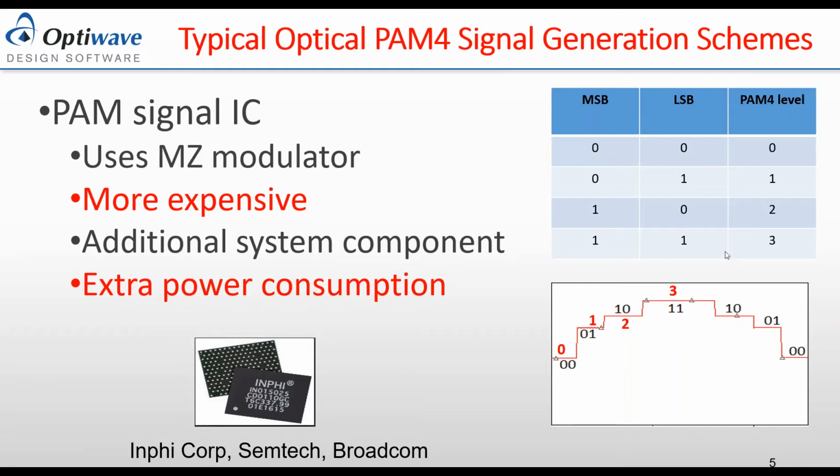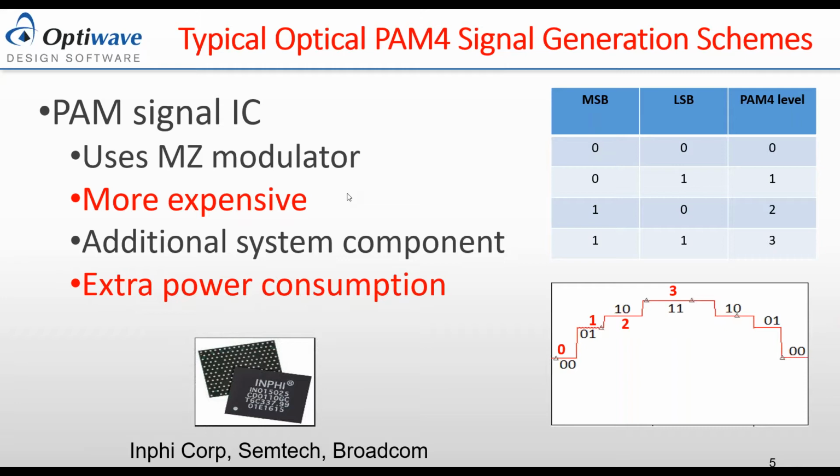The only problem with the existing PAM4 ICs that use the Mach-Zehnder modulator is, first of all, that these are additional system components. Based on our current technology, we don't know of any real way to increase the throughput without adding additional components. So we are ready to pay for the additional components, but it is significantly more expensive.